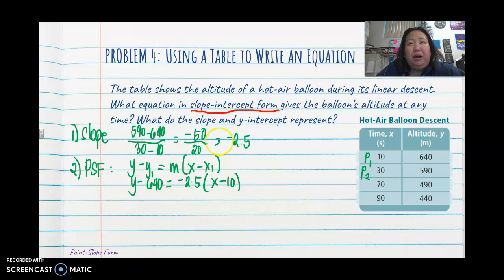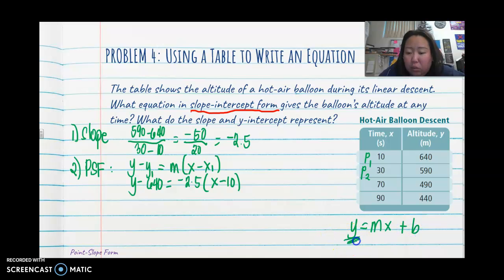The nice thing about the different equations of the line, whether it's point slope form, slope intercept form, or even standard form, which we will talk about later on, is that all of them are the same. They are just written in different ways. Now, if you remember, the slope intercept form has a pattern: y equals mx plus b.